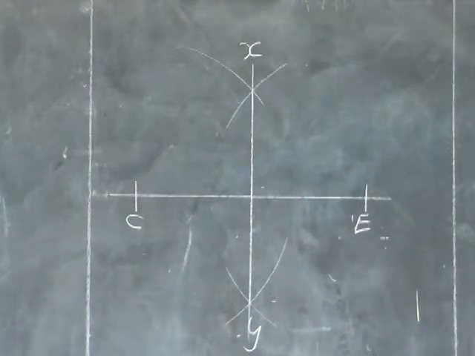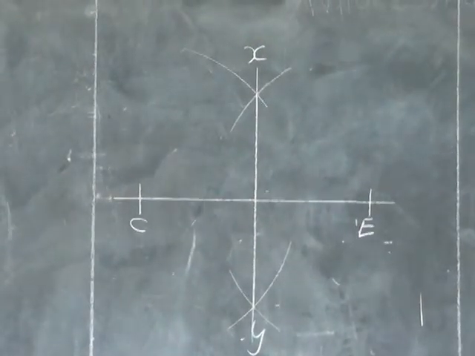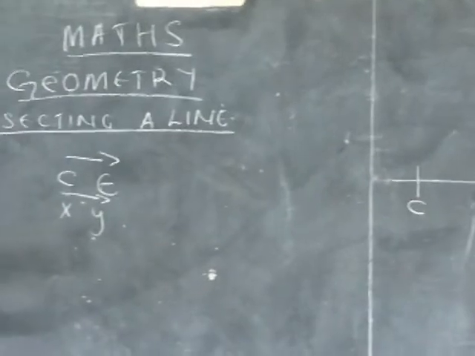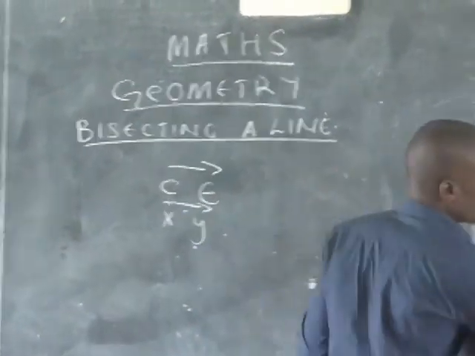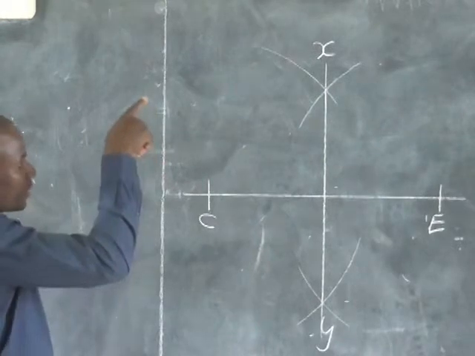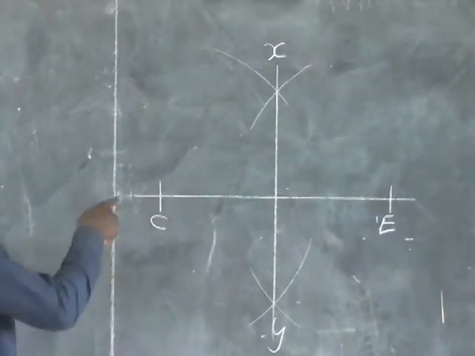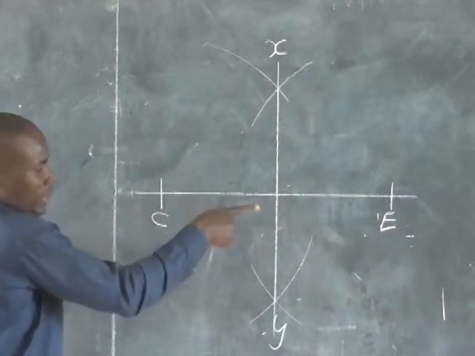So, look at our diagram. Look at our construction here. We have points C, E, then we have X, Y. These are lines. But there's a point where line XY meets line CE.